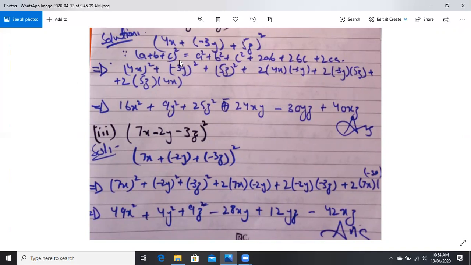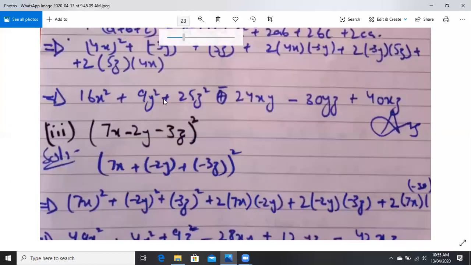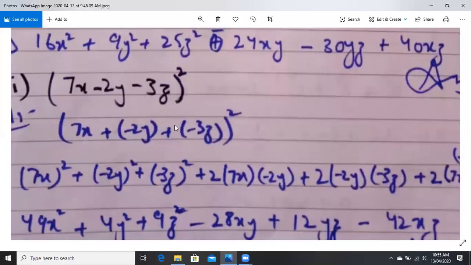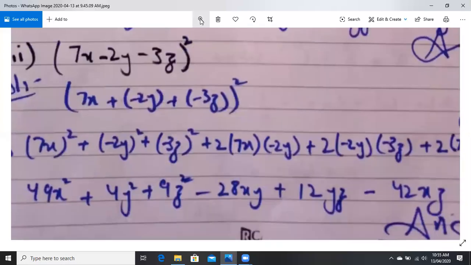So first step, we have converted, and then we have to apply the formula: a square plus b square plus c square plus 2ab plus 2bc plus 2ca. So now first we convert this.